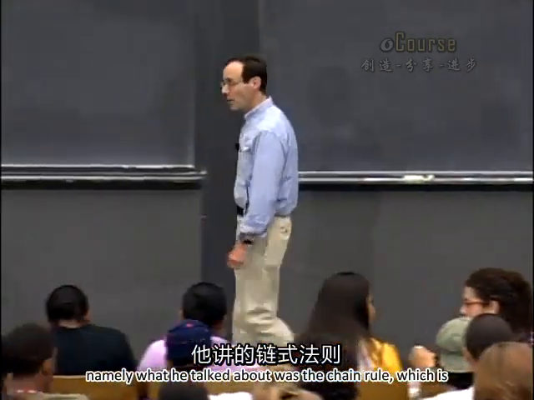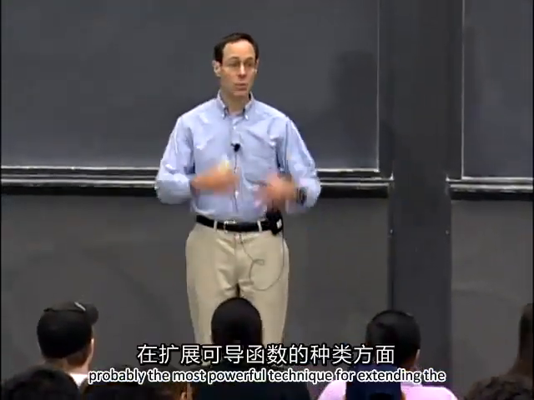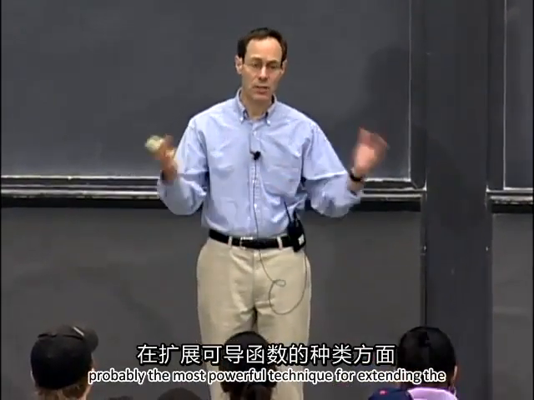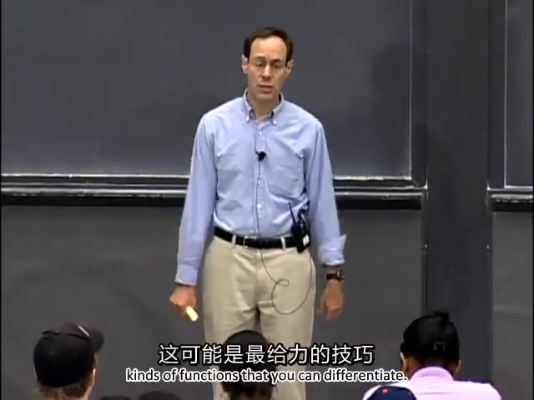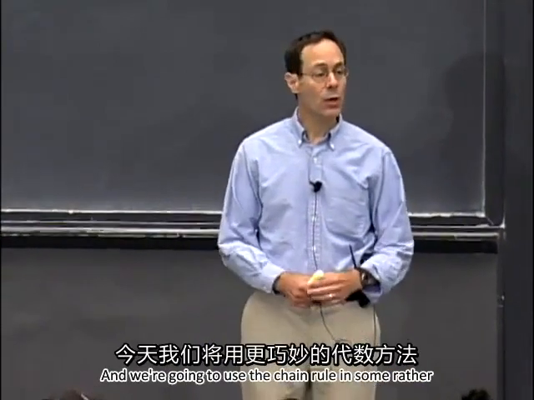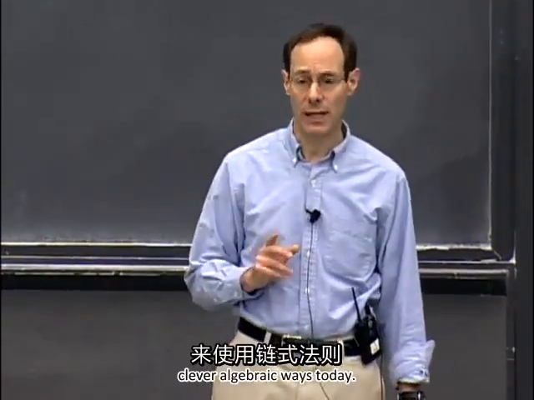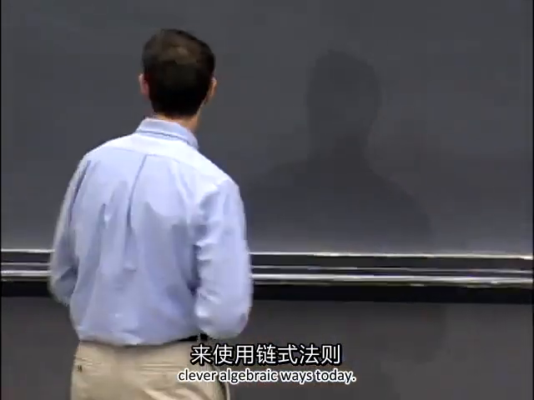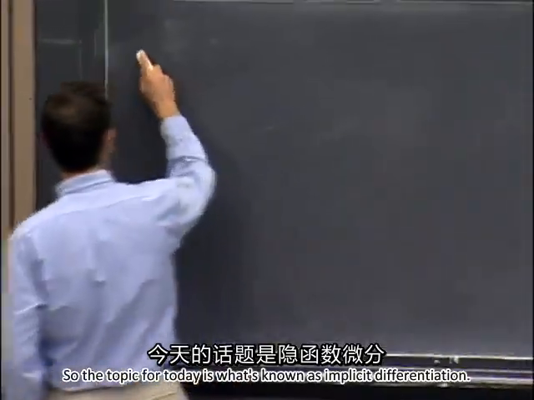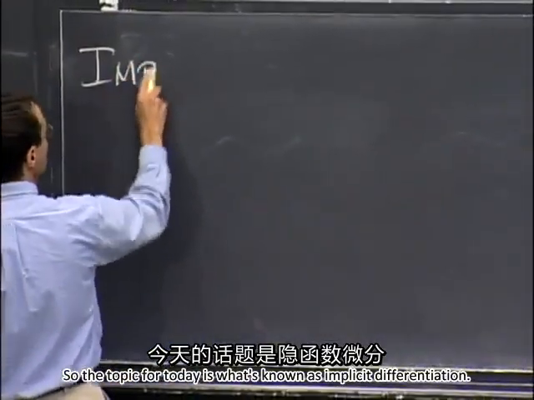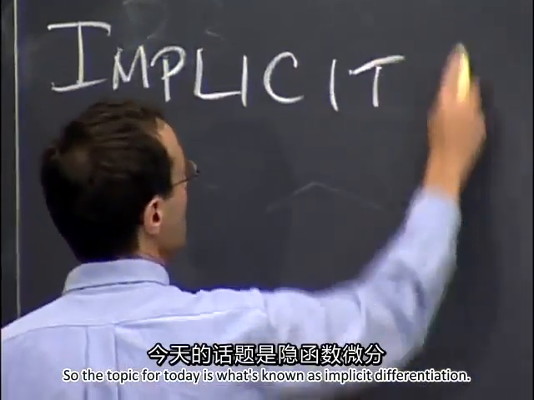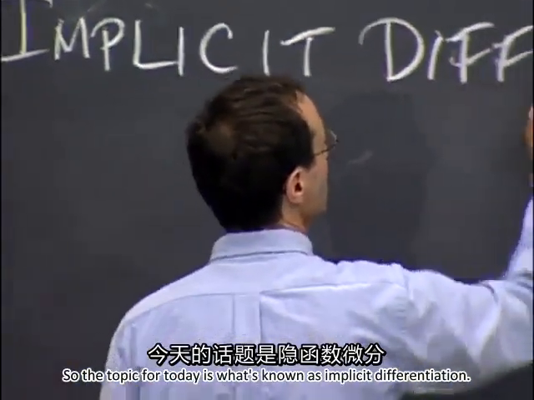Namely, what he talked about was the chain rule, which is probably the most powerful technique for extending the kinds of functions that you can differentiate. Now we're going to use the chain rule in some rather clever algebraic ways today. So the topic for today is what's known as implicit differentiation.